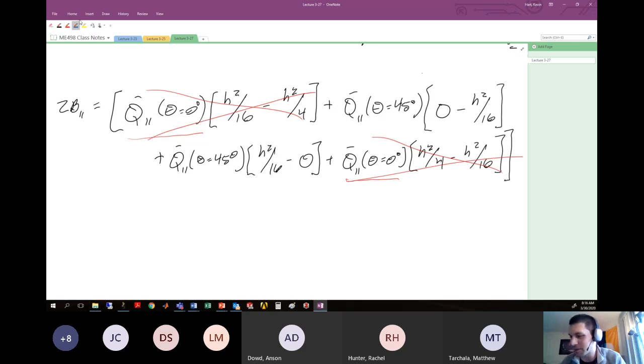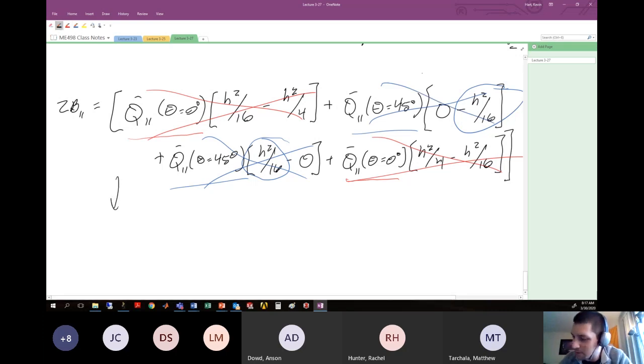We have a very similar thing that happens with the 45-degree layers. Here's my 45 coefficient, and here we have a negative h squared on 16 and a positive h squared on 16, so again, these cancel each other out. Ultimately, for this particular laminate, we end up with B11 equal to 0.